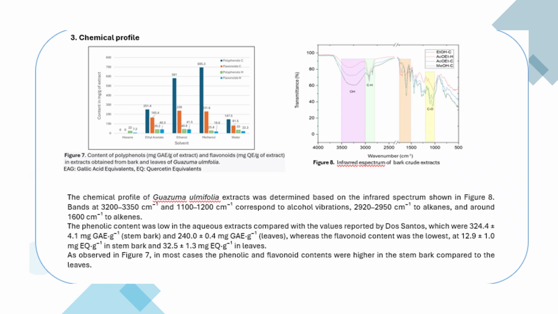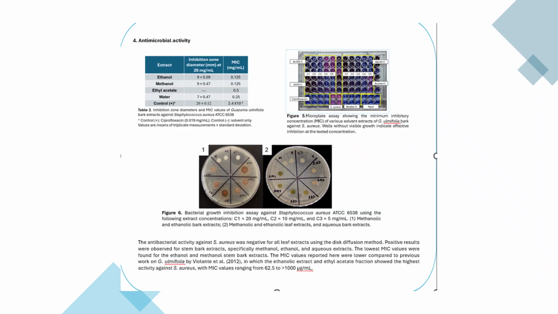As observed in Figure 7, in contrast to our findings, Dos Santos reported higher phenolic content in aqueous extracts in both stem bark and leaves. In this study, in most cases, the phenolic and flavonoid contents were higher in the stem bark compared to the leaves. Based on these findings, we next examine the antibacterial activity against Staphylococcus aureus.